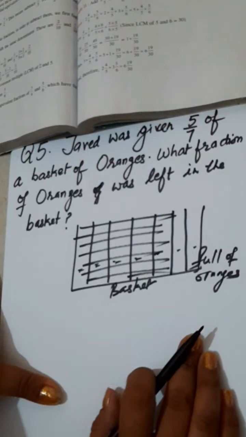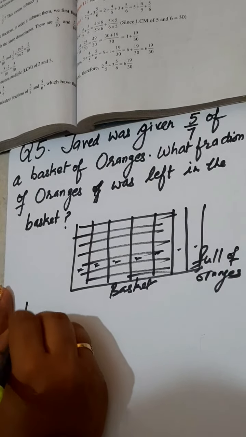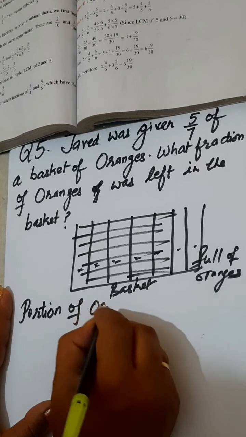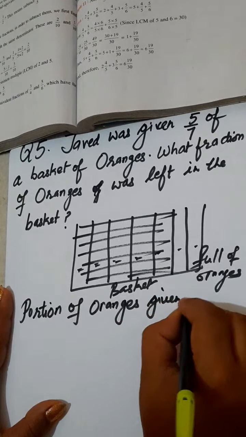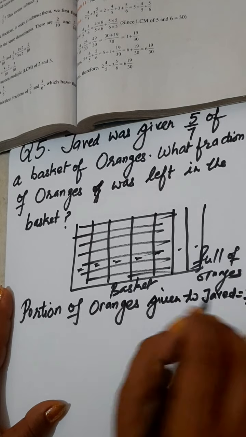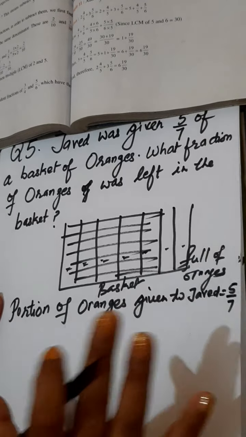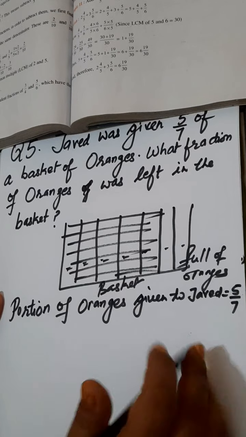left in the basket. And for this, firstly we have to write the portion of oranges given to Javed, that is 5/7. And here the total fraction of the oranges is 7/7.